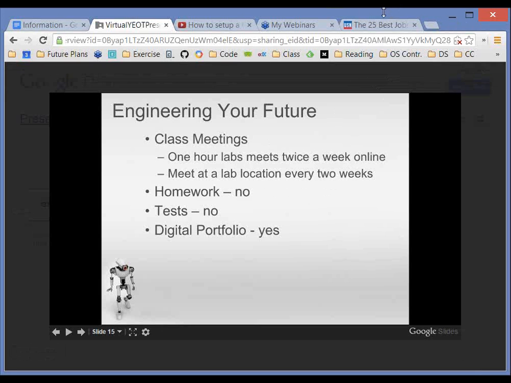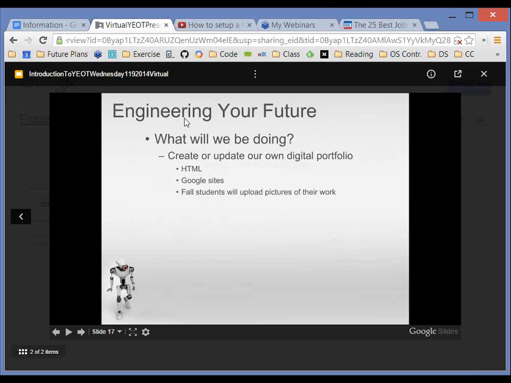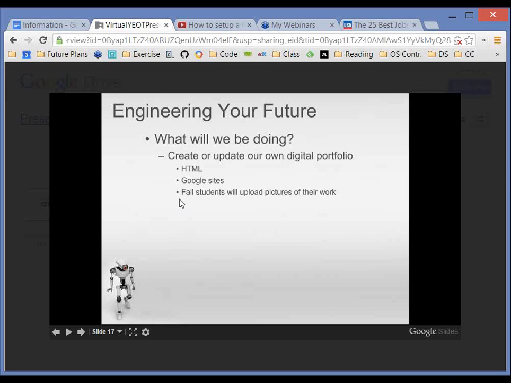Let's see, digital portfolio. What will we be doing? Here's where it gets interesting. We're going to create, or if you already have created it, update a digital portfolio using things like HTML, Google Sites, and for fall students, you can upload pictures of your work.